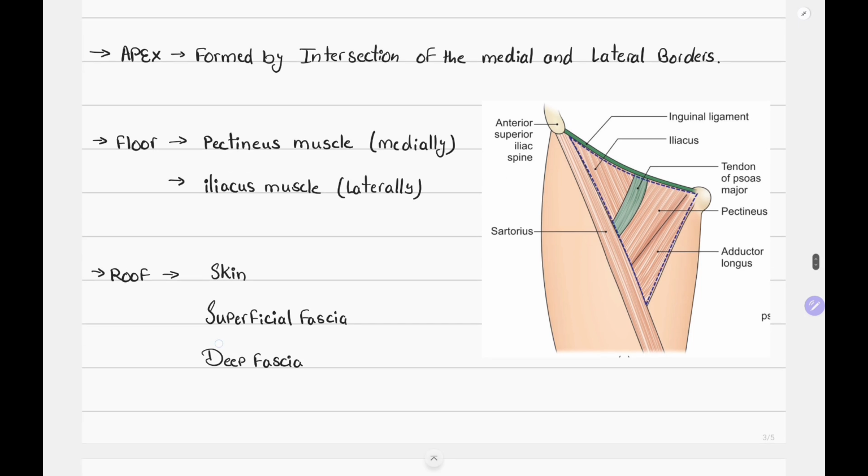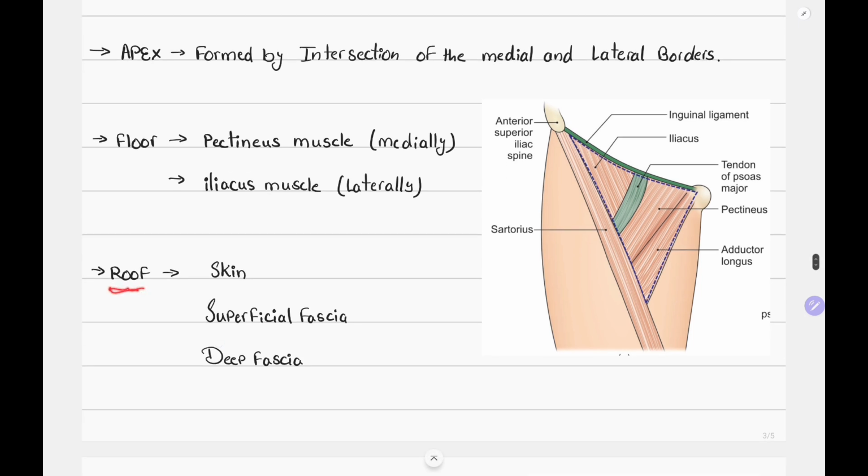Now the roof. By the roof we mean how deep we have to drill down from the skin to reach this femoral triangle. If this was the wedge shaped femoral triangle, how deep do we have to go from the skin?